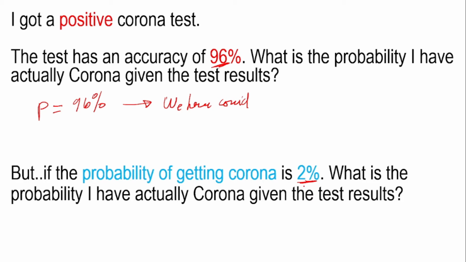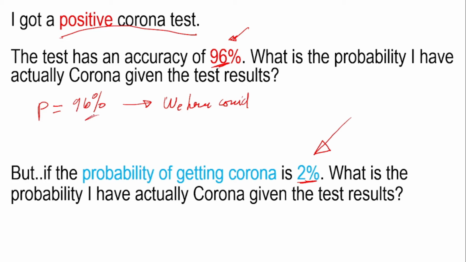So in this second scenario, we have a probability of having corona of just 2%. However, I go to make the test again, and I still get a positive corona test with 96% accuracy. So the question now is, do I really have corona? Or what is the probability I actually have corona given the same test results, especially given this new information of 2%?